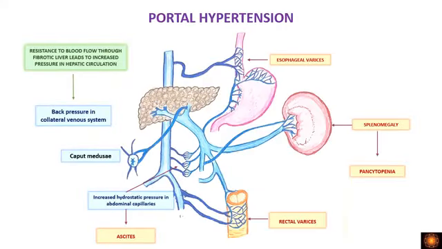So when the person has a fibrotic liver, because of the fibrosis, there will be damage to the sinusoids. So there will be resistance to the blood flow through this fibrotic liver. So obviously we have an increased back pressure in the portal vein. So this will cause increased pressure in the collateral venous system.